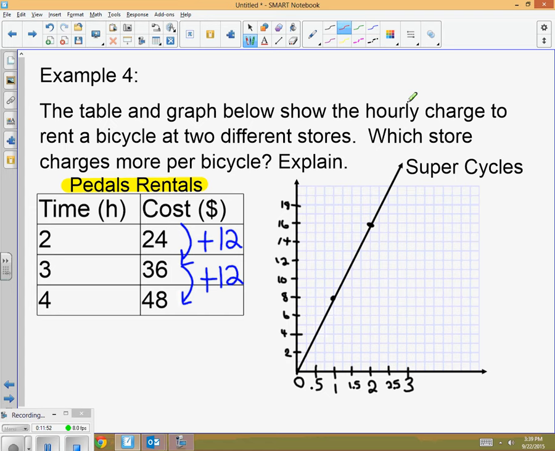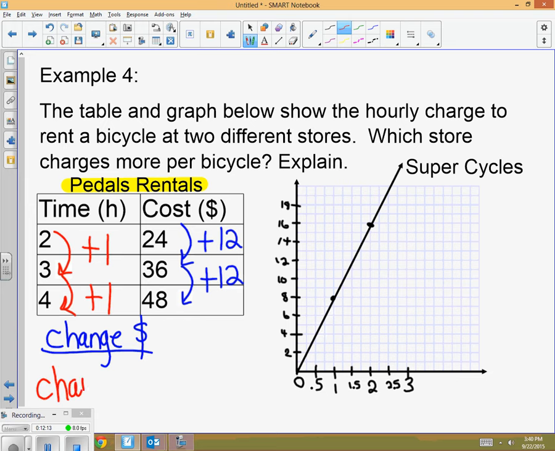Now, looking at the change in time, from 2 to 3, that's increasing by 1. And from 3 to 4, it is increasing by 1 as well. So if we wanted to compare the change in dollars over the change in hours, we can find that the constant rate of change is $12 for every 1 hour.